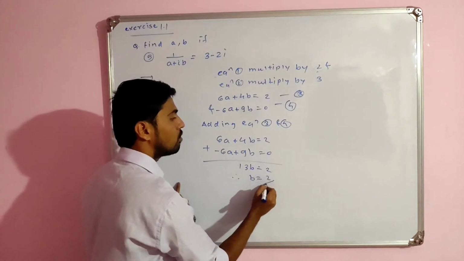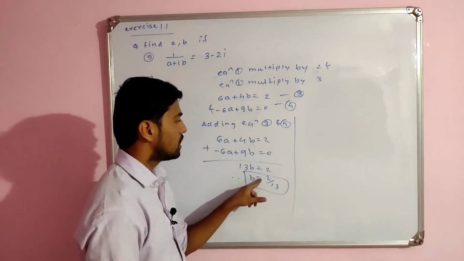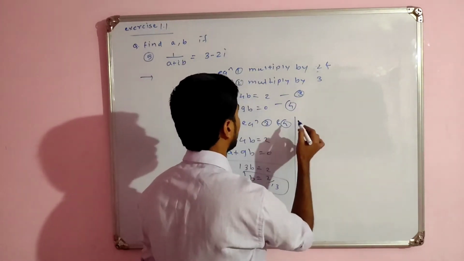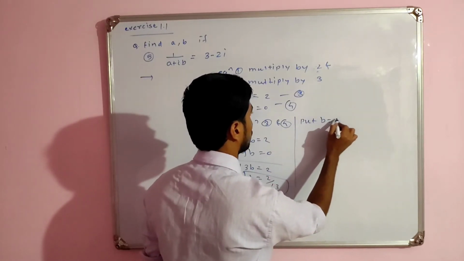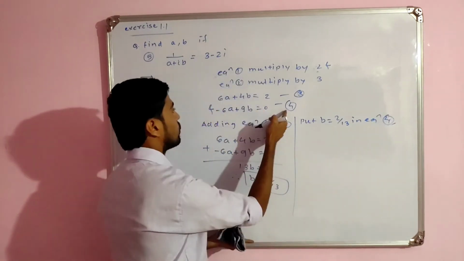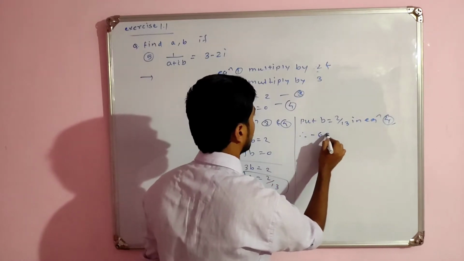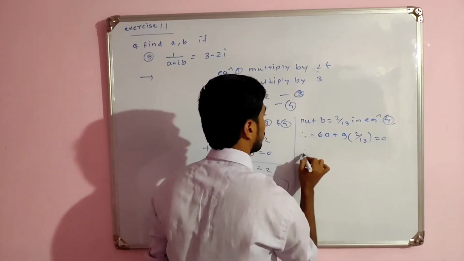So b is equal to 2 upon 13. आता b इज इक्वल टू 2 अपॉन 13 ही व्हॅल्यू आपण इक्वेशन नंबर 4 मध्ये पुट करूयात, म्हणजे आपल्याला a ची व्हॅल्यू मिळेल. सो पुट b इज इक्वल टू 2 अपॉन 13 इन इक्वेशन नंबर 4. ओके, सो इक्वेशन नंबर 4 इज -6a plus 9b इज इक्वल टू 0. सो -6a plus 9 into 2 by 13 is equal to 0.